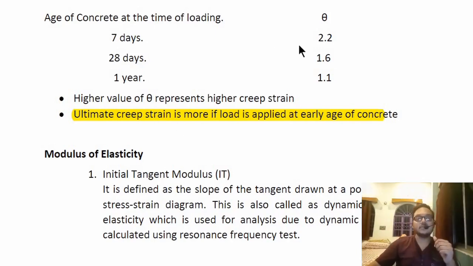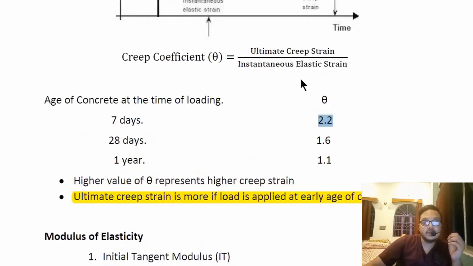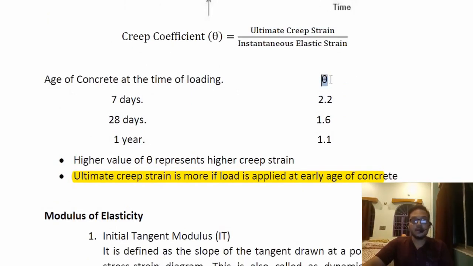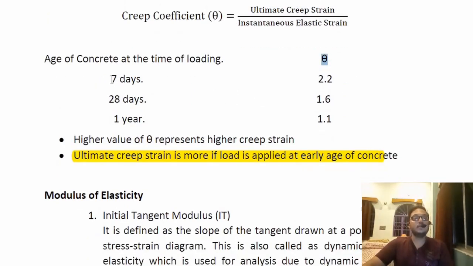In that case, theta value is 2.2, that is, the creep coefficient has a larger value, because the ultimate creep strain will be very high but the instantaneous elastic strain will be very low for that concrete. So the creep value will be higher for concrete with fewer days of curing, if it is subjected to loading at a very young stage.